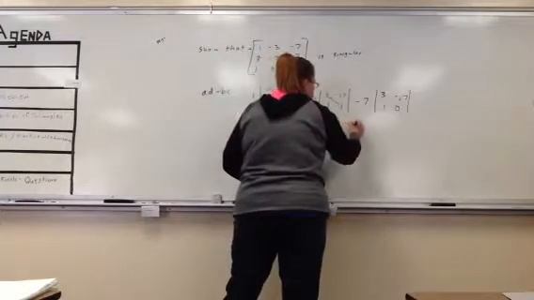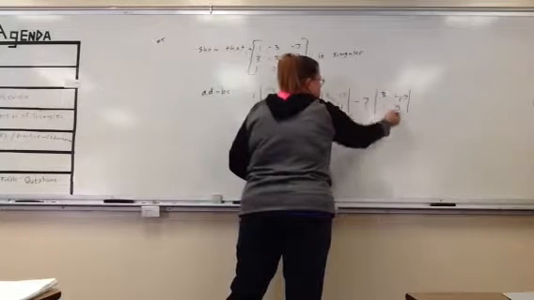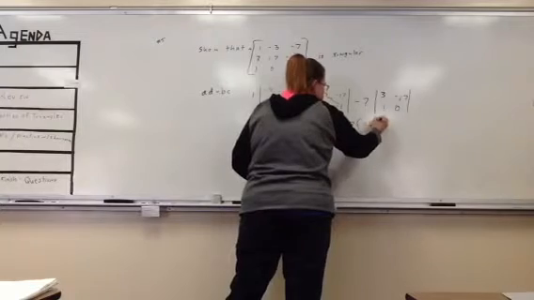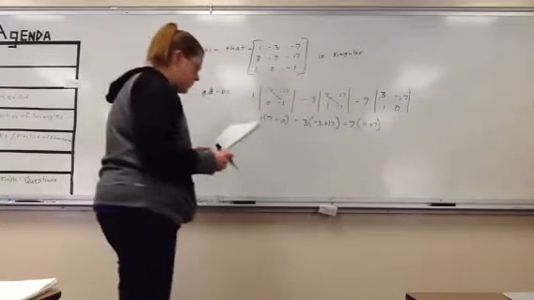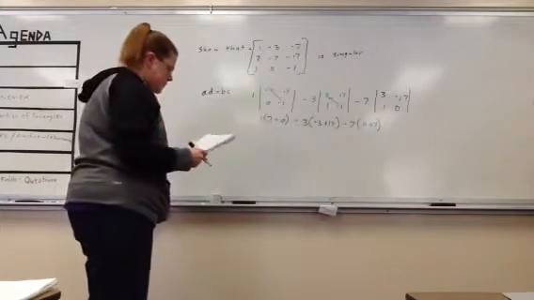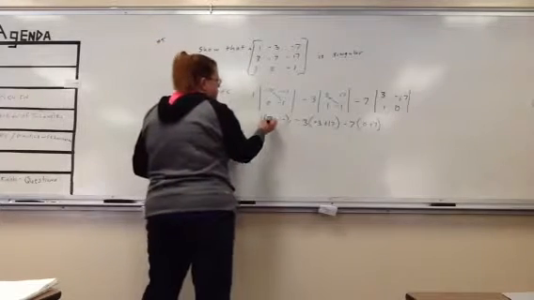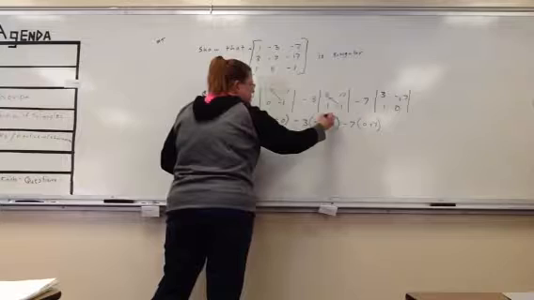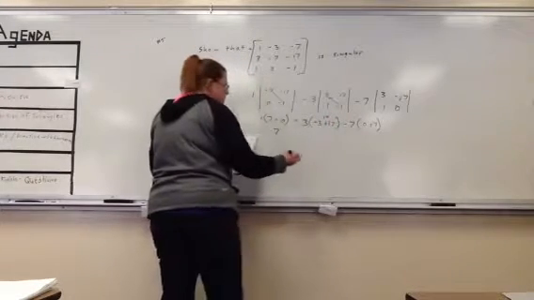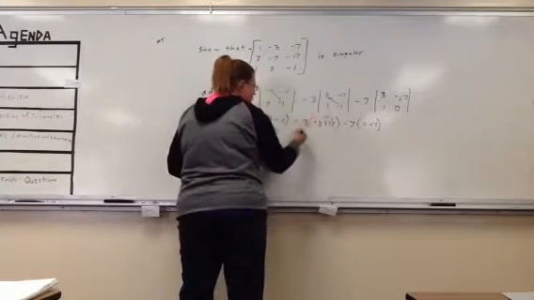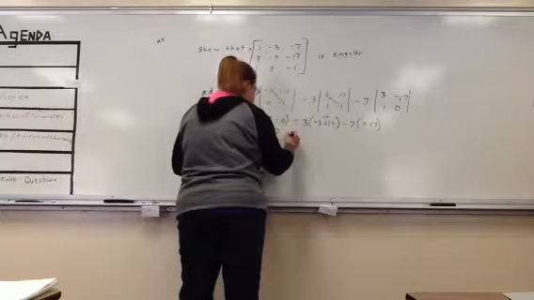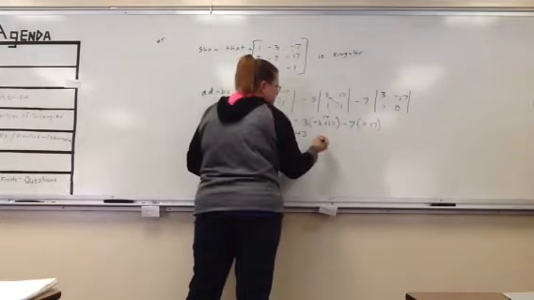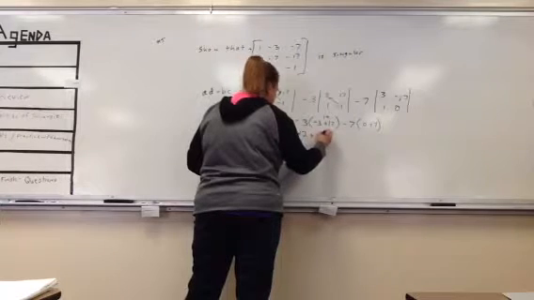And then this -7, this is going to be 0 minus a -7, so it'll change to +7. Well, 7 minus 0 is 7 times 1 is 7. This is 14 times -3 is -42. This -7 times 7 is +49.